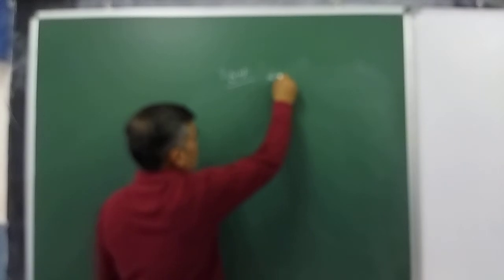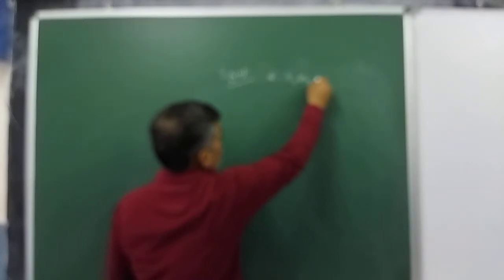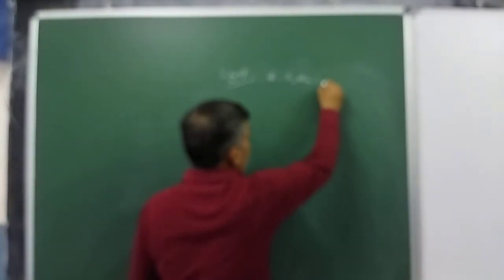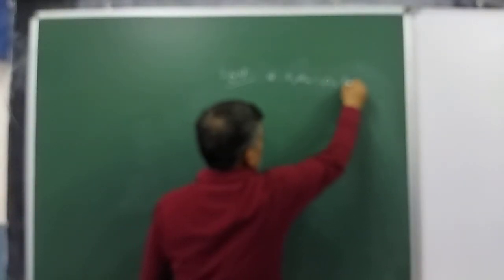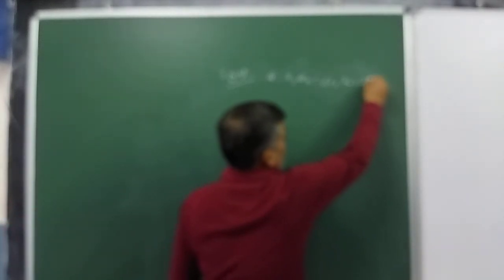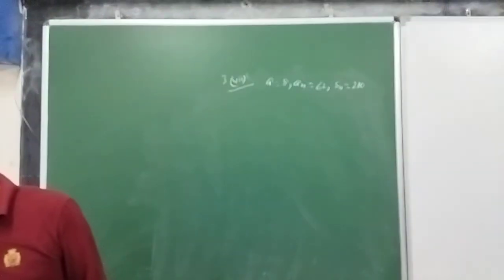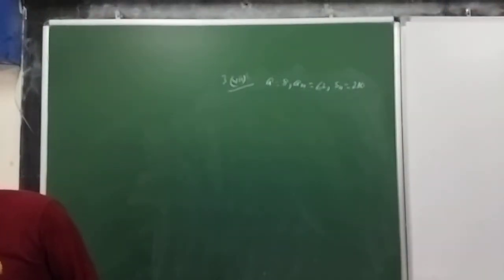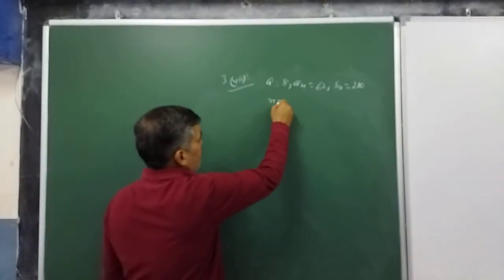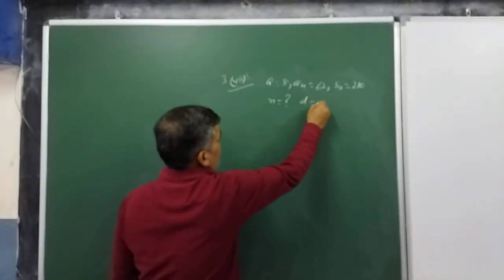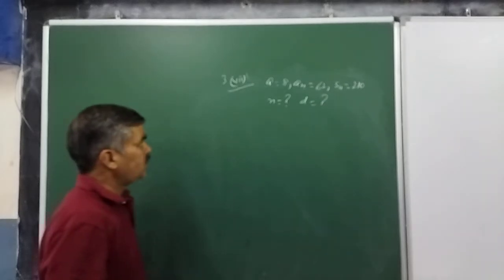This is 7. A is equal to 8, An is equal to 62 and Sn is equal to 210. I have to calculate n and d. N is missing and d is missing.